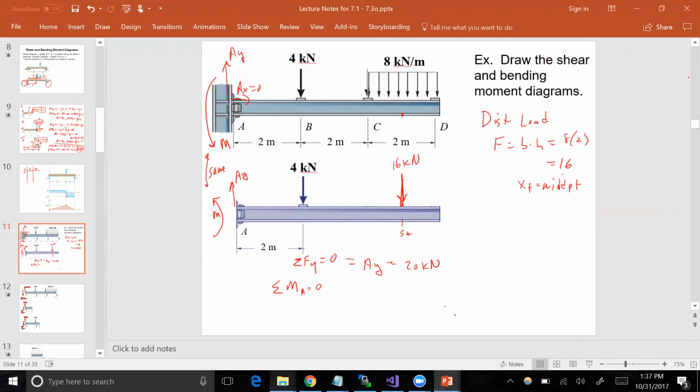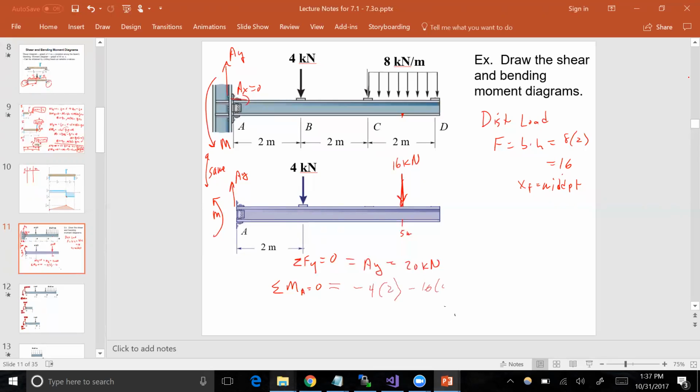So the sum of the moments at A equals 0. Okay, give me a moment at A. Minus 4 kilonewtons times 2 meters. What else?